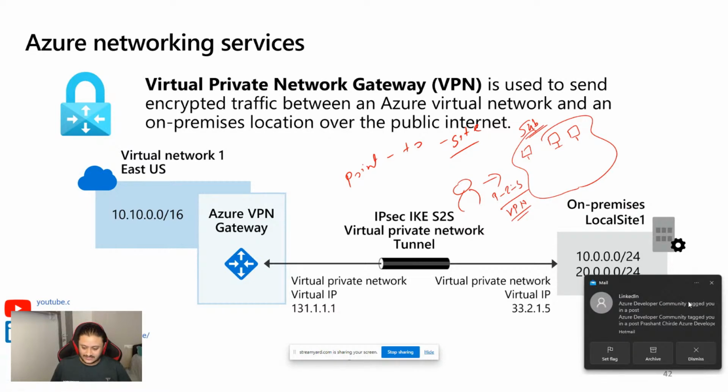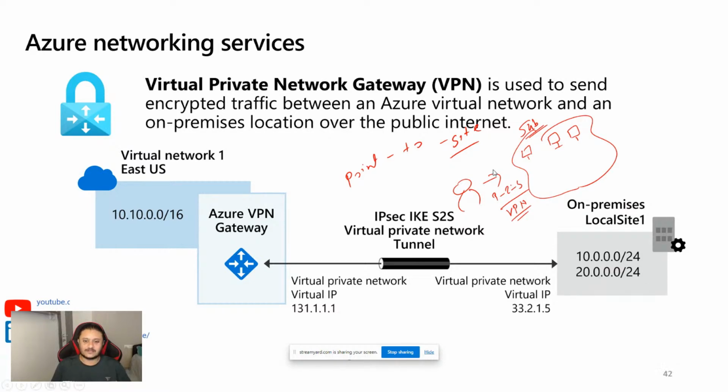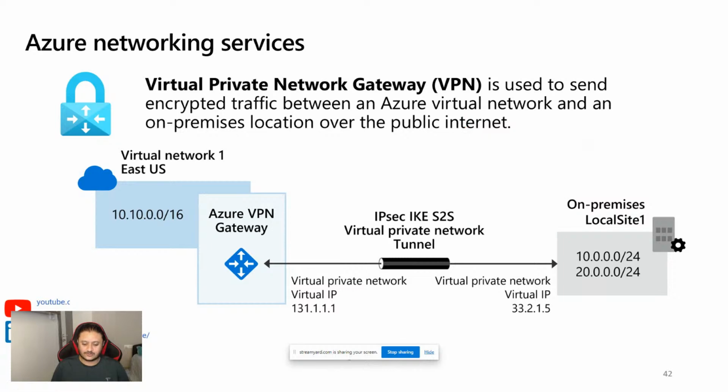Now, what if the situation is different? I am a big organization, and I have my office, and I have a presence where my VMs are running and my databases are running on premises.